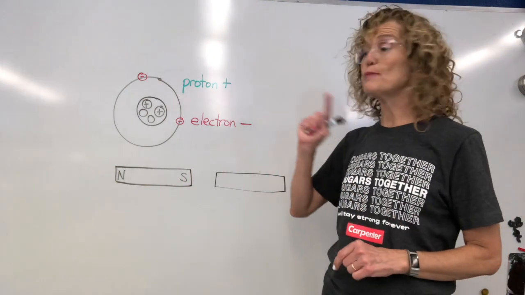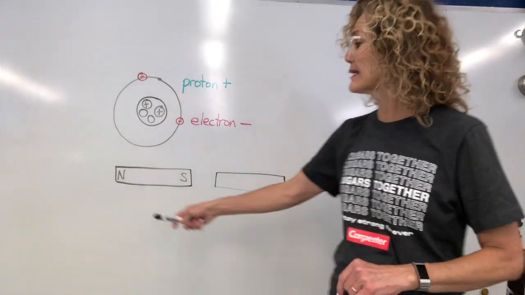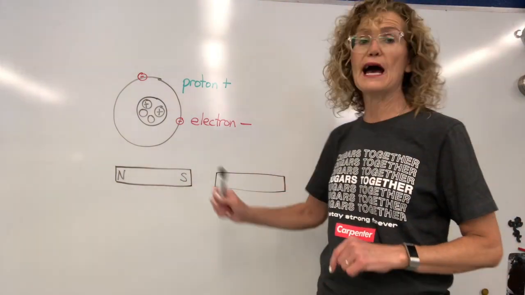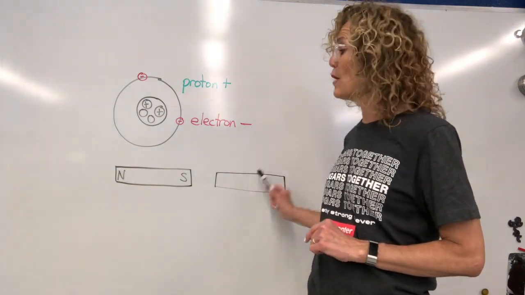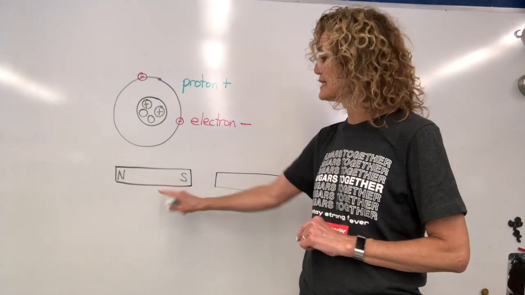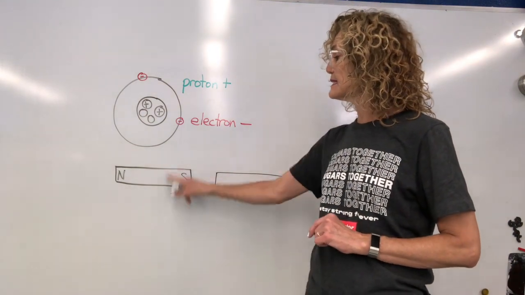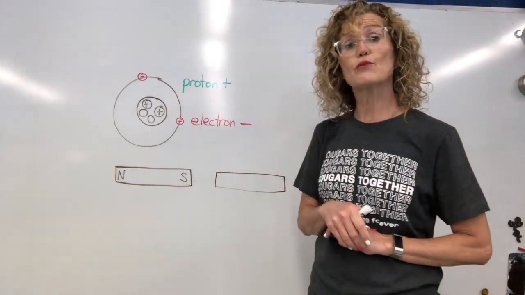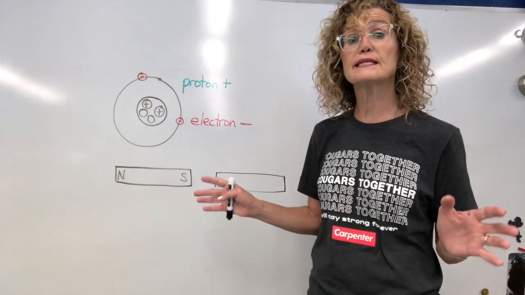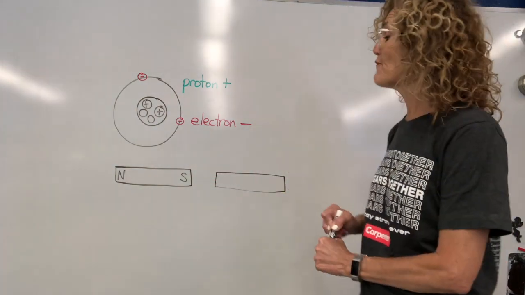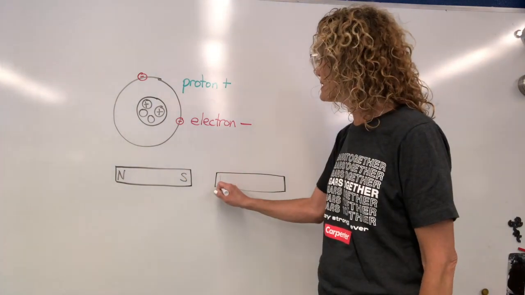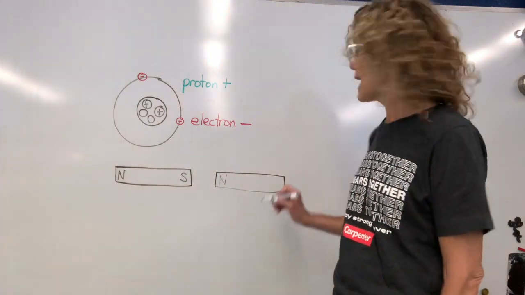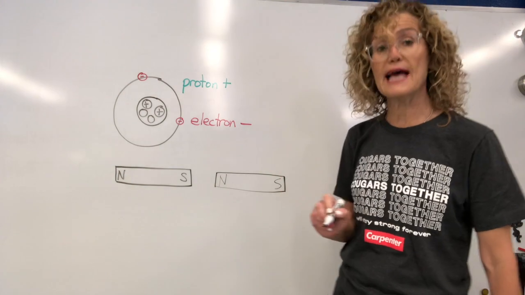Now, when we were talking about magnets, magnets have a north and a south end. And if I want this magnet to attract to this magnet, this end is a south end, and the rule is opposites attract. So if I want this bar magnet to attract to this one, this must be the north end, and this must be the south end.